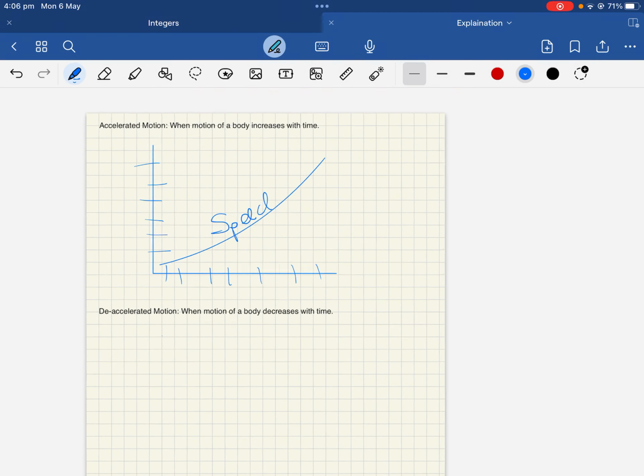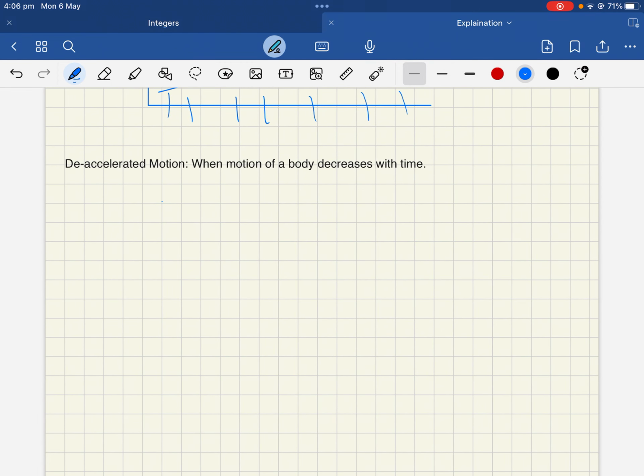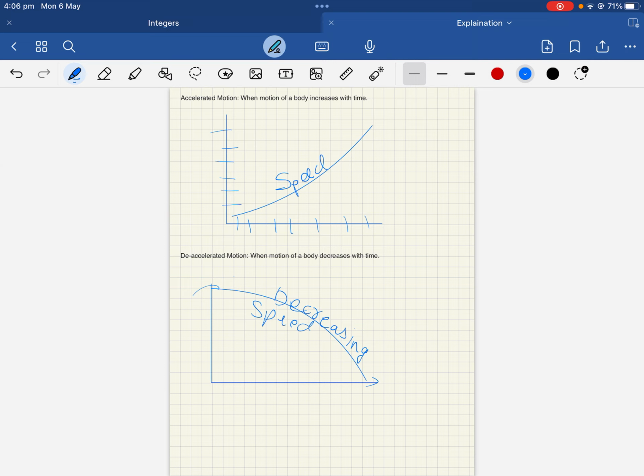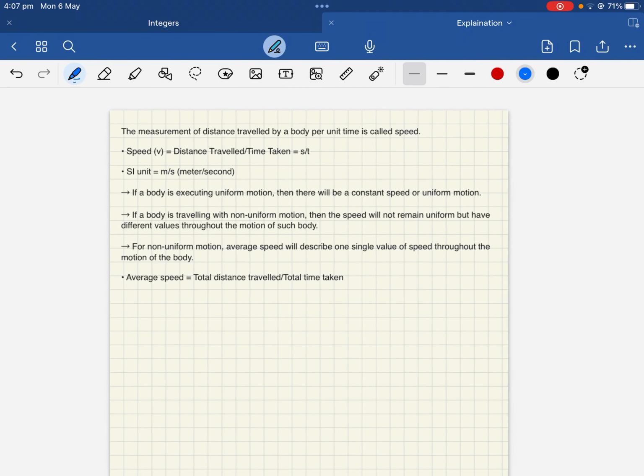And what about deaccelerated motion? Deaccelerated motion, also called retarded motion, is the complete opposite. This is the speed and it is decreasing. This is deaccelerated motion. Both acceleration and deacceleration are examples of non-uniform motion.